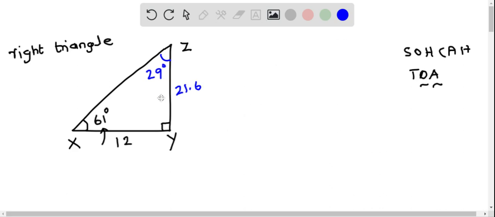Now we will determine the side length XZ using another trigonometric ratio. That is, we are going to use the cosine of 61 degrees. According to SOHCAHTOA, the cosine ratio is adjacent side over hypotenuse. So I'm going to find cosine of 61 degrees, and this equals the adjacent side to angle 61 degrees, which is XY.